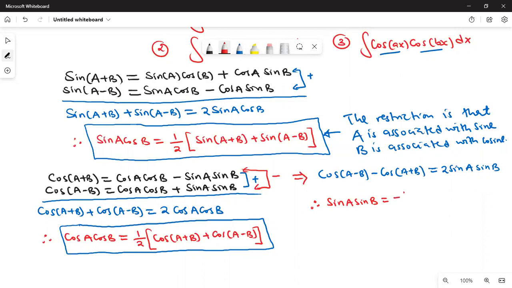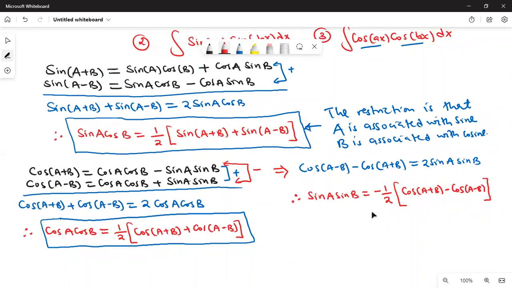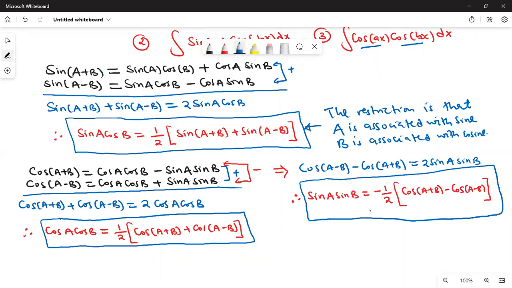So it's negative 1 over 2 multiplying cos A plus B minus cos A minus B. I have factored out the negative. That's why I'm starting with the cosine of A plus B. So this is another identity that will help us integrate a product of sines, sine A times sine B.